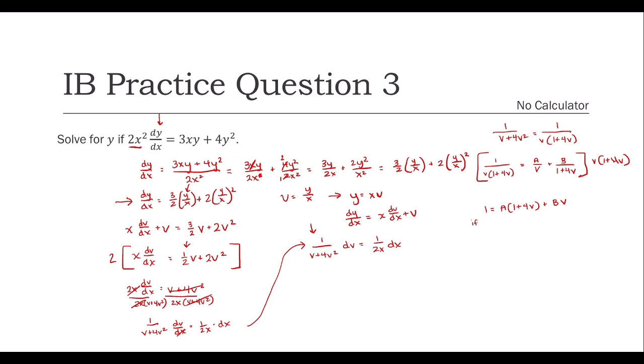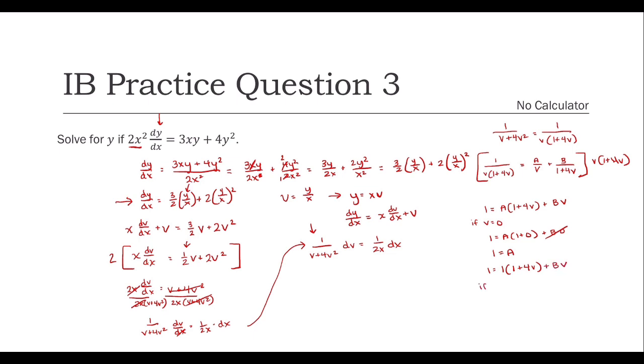So if v equals 0, then we have 1 equals A times (1 plus 0) plus B times 0. So 1 equals A. So we have 1 equals A, which is 1, times (1 plus 4v) plus B times v.